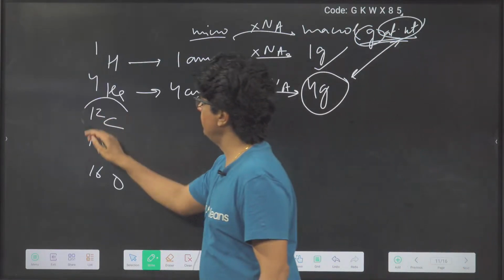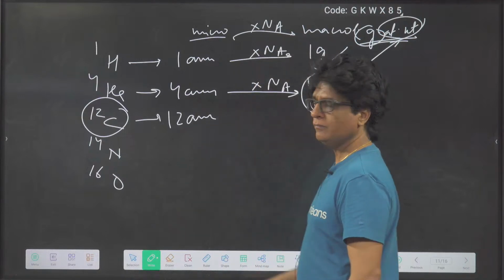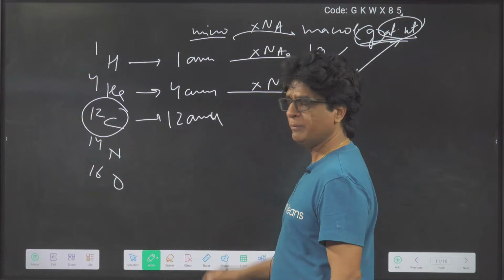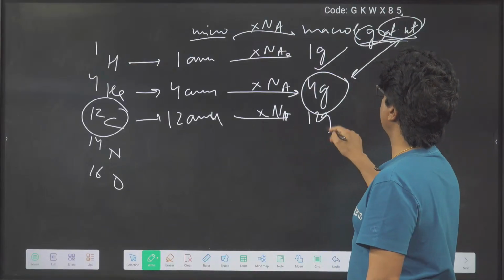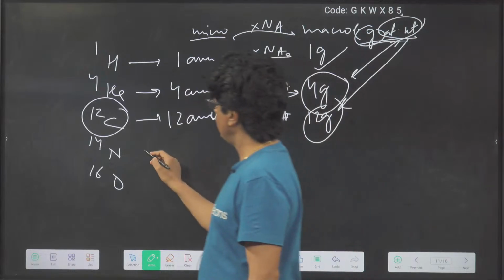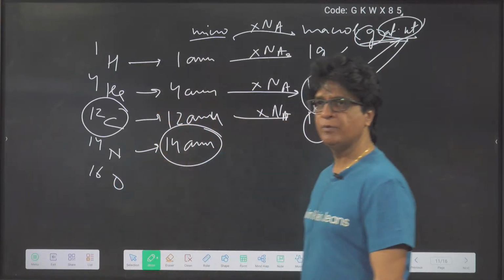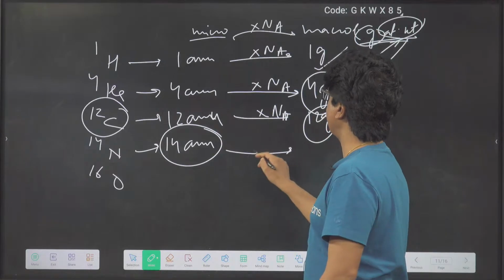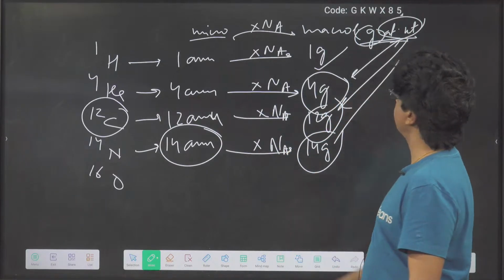If you take carbon, this is 12 AMU for 1 atom, and you multiply by Na, you get 12 gram. That is the gram atomic weight of carbon. Similarly, if you take nitrogen, 14 AMU for 1 atom, multiply by Na, and you get 14 gram. That is called gram atomic weight.